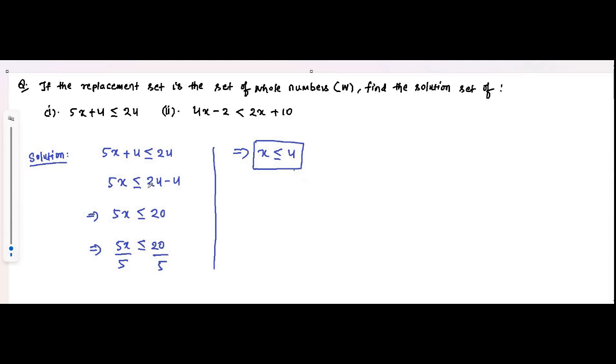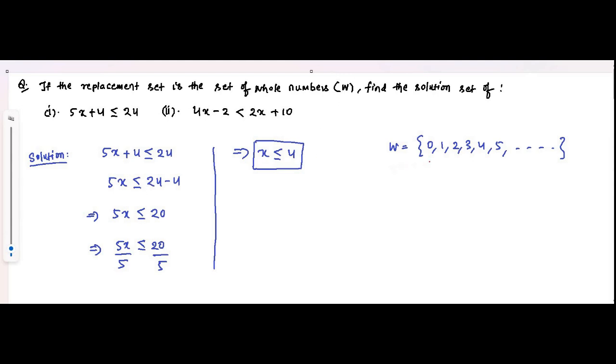Now our replacement set, the choice from which we have to pick the solutions, is the whole numbers, which start from 0, 1, 2, 3, 4, 5 and go on and on. From this we have to pick the ones which satisfy the criteria x lesser than or equal to 4.